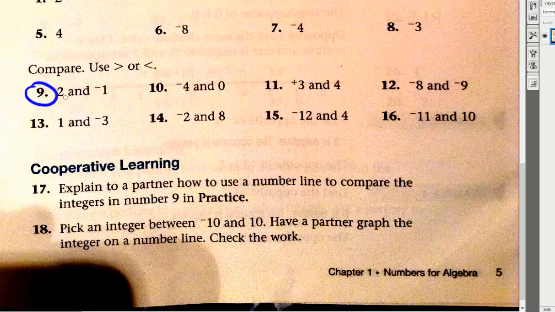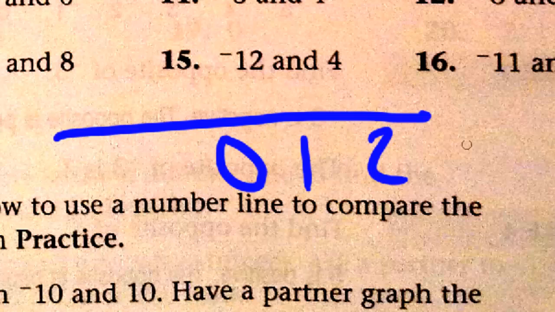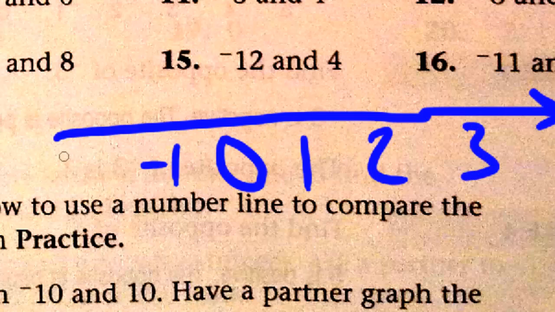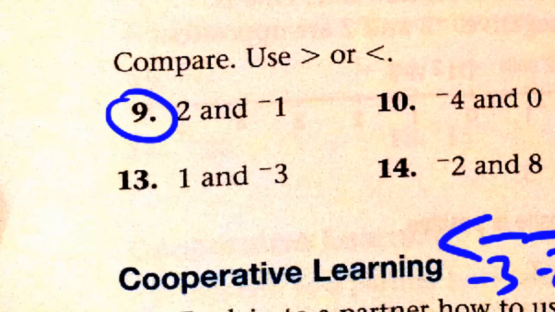So here we have 2 and we've got negative 1. If we drew a number line right here, I know that in the middle is a 0, and we're going to have 1, 2, 3, and so on and so forth going in this direction. And here we're going to have negative 1, negative 2, negative 3. Well, what is to the left? Let's find out where they are on the line.